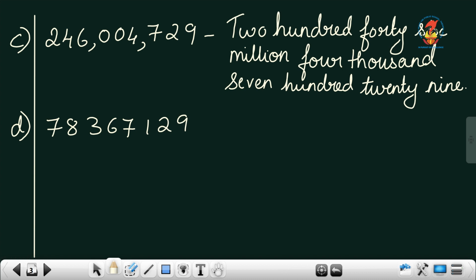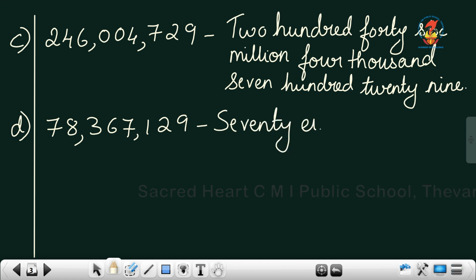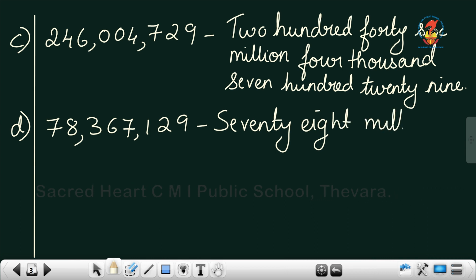Again, come on. Insert comma after every 3 digits. Ones period, thousands period, millions period. Now read this together. Yes, 78 million.